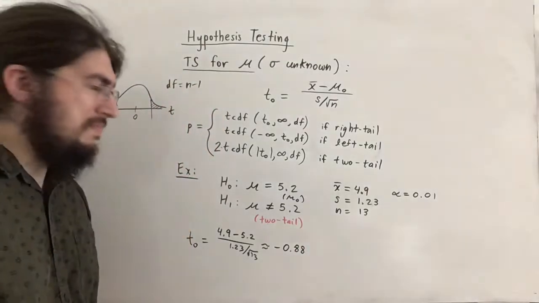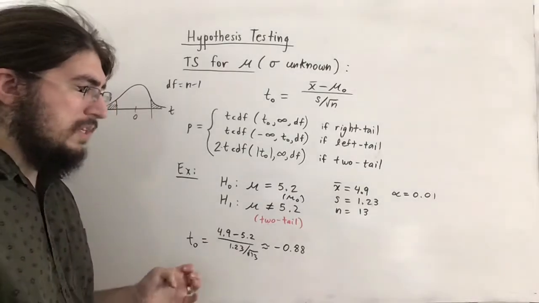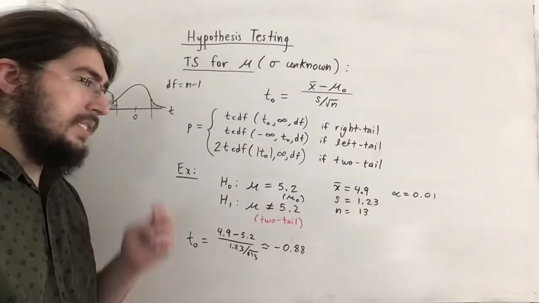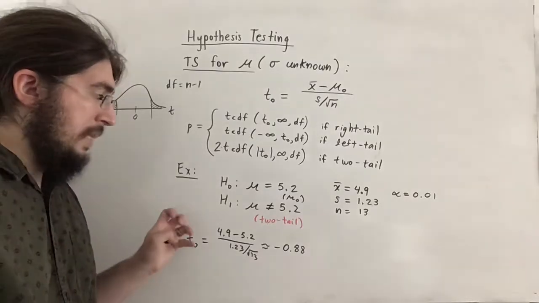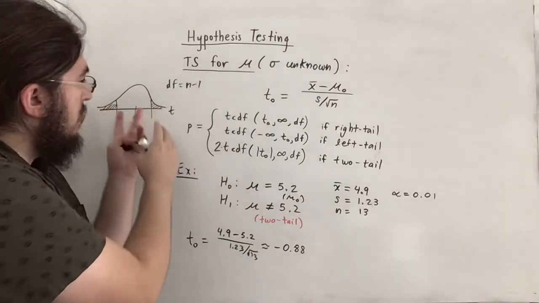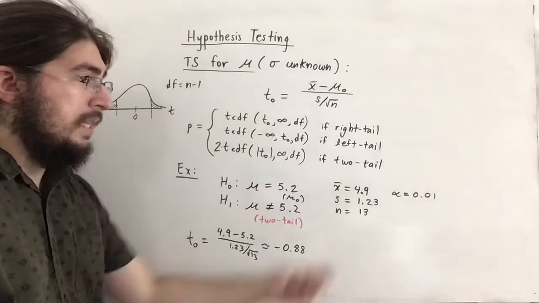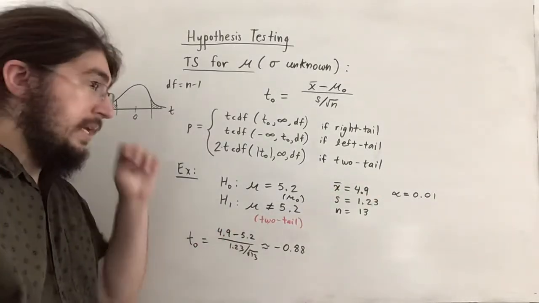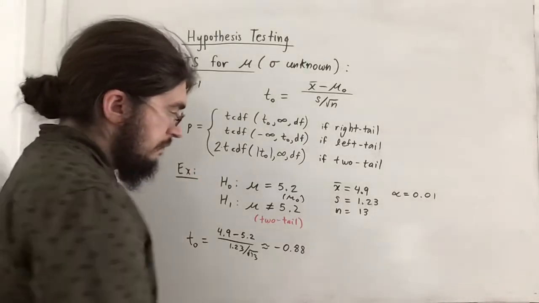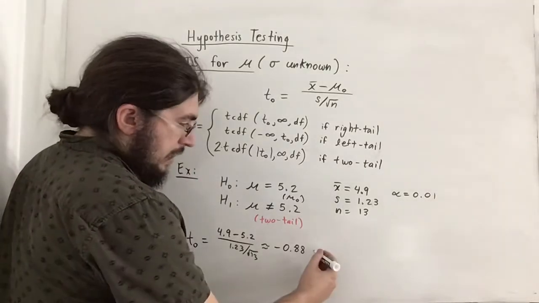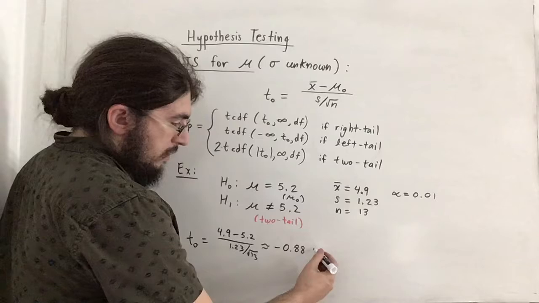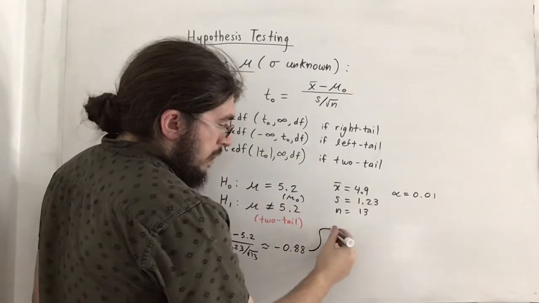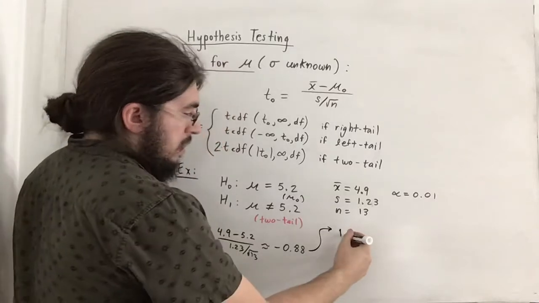So this is doubtfully true. In other words, I don't think we're going to actually reject the null hypothesis in this case, but we'll have to see. Basically, I think it's too close to 0 for the tail end region to be less than 0.01. And even worse, it's two tails, so we have to double that. But let's see. Now that we have this test statistic, we can find p.